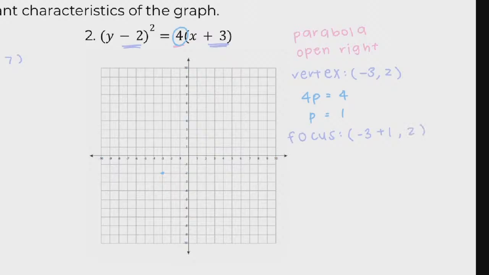I'm changing the x coordinate, and since p is 1, I'm adding 1. So the focus is going to be at negative 2, 2. Oh, sorry, I graphed this wrong. Okay, and this is the vertex, and then the focus is going to be right here.